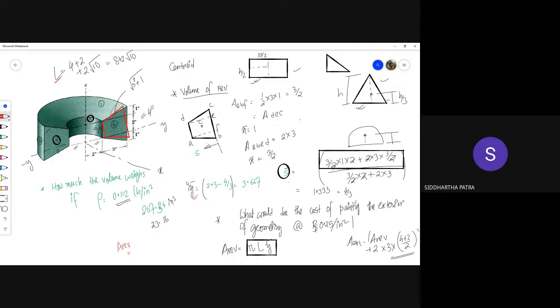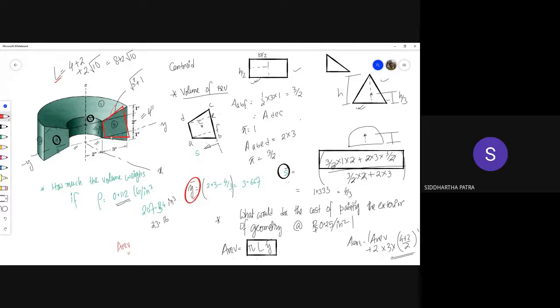I'm not asking you to use this y bar right here. That would be wrong because this is for the area. Yes, sir, I was confused between these y bars, because I thought the same y bar is used. No, the same y bar need not be used. Now it is clear.